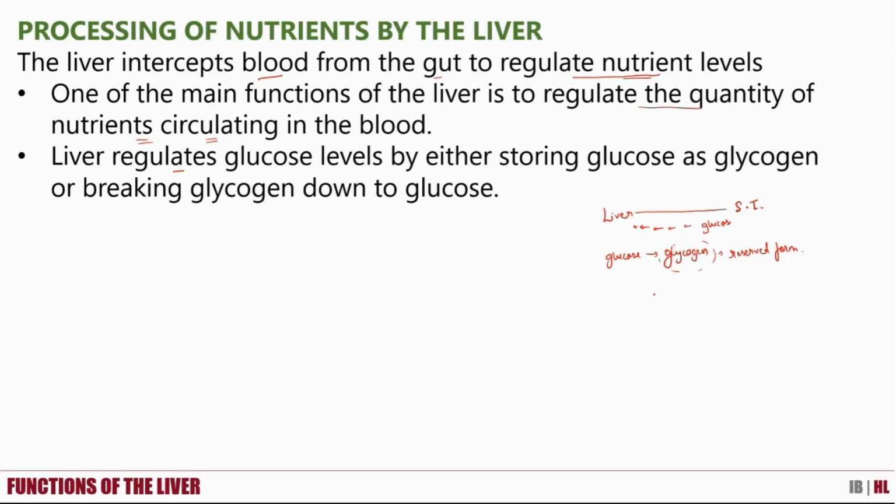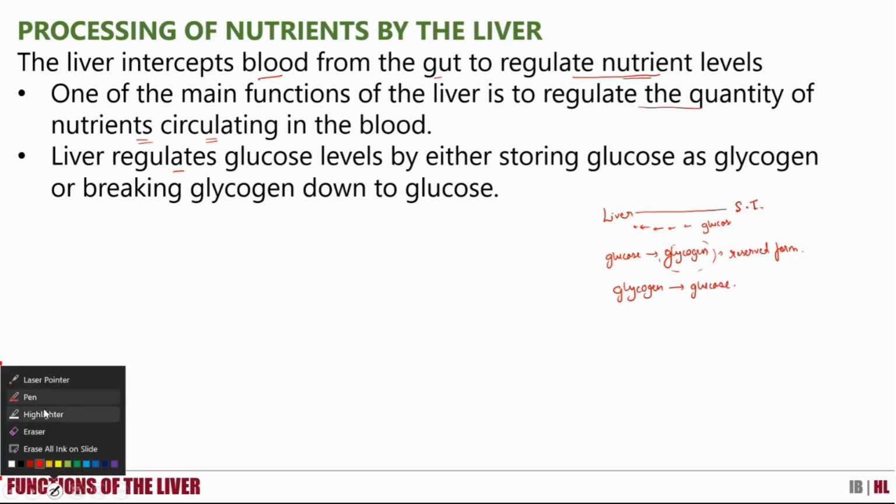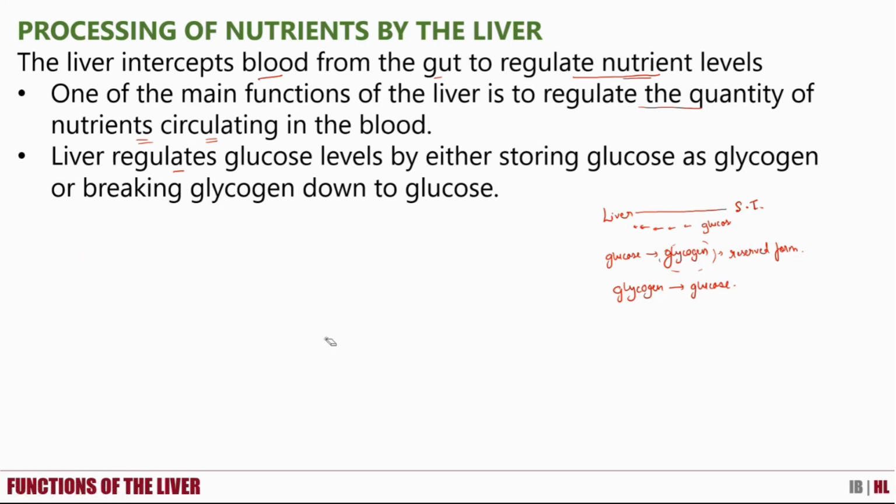Now, in case your blood glucose levels are low, then what happens? The glycogen is converted back to glucose, so that the glucose can provide energy to the cells. Any doubt? No, sir. No doubts.